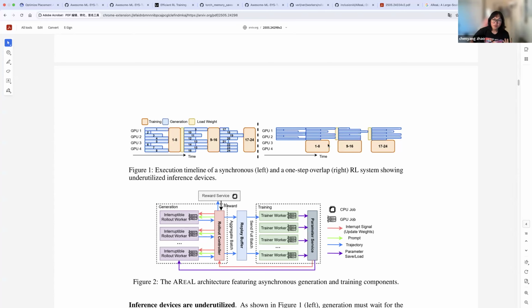As we can imagine, with this kind of collocated strategy, we cannot do asynchronous RL at least, right? Since when you are doing training, you have to stop all the generation. The picture on the left side is the collocated training, and it cannot do the asynchronous one. The picture on the right side is disaggregated, and it can do the asynchronous one.